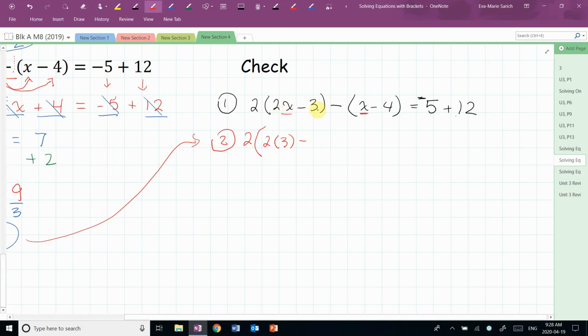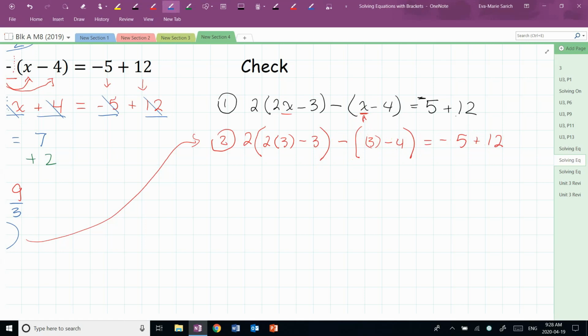So 2x minus 3, we've just taken the x out, put the 3 in. So 2, 3 in a bracket, minus 3, and then our bigger bracket. Subtract, and then the bigger bracket, use a small bracket for this, 3 minus 4, big bracket is equal to negative 5 plus 12. It does look a bit ominous or difficult here, but just use BEDMAS, right?